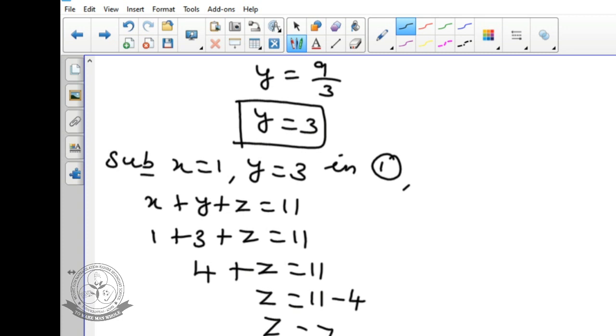Okay. So now we have got the 3 solutions x, y and z. What is our x, what is our y and what is our z? They also ask us to find the 3-digit number. 3-digit number means we have to assume the format 100x plus 10y plus z. So we have to substitute.